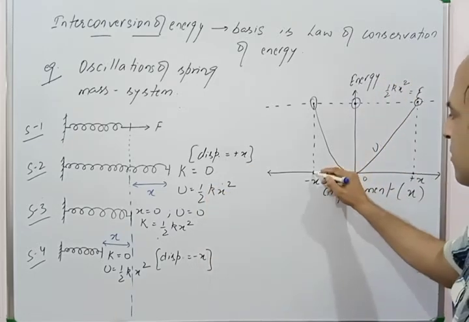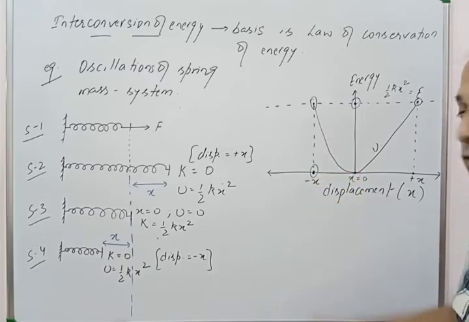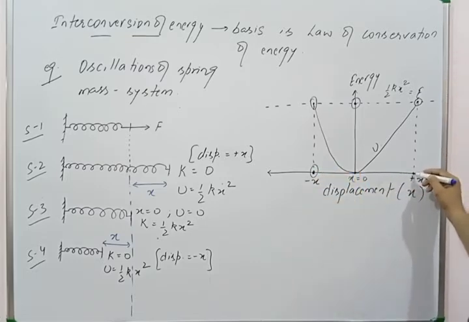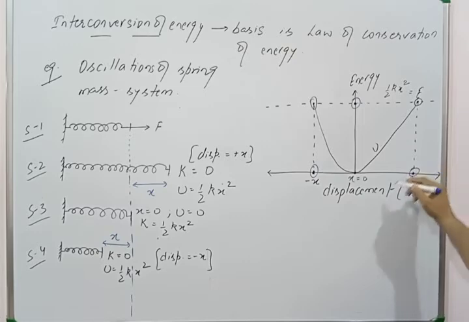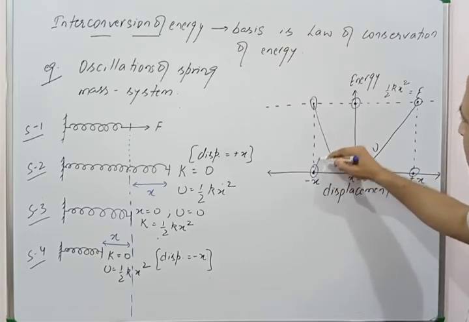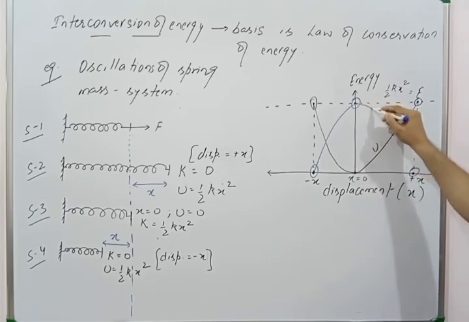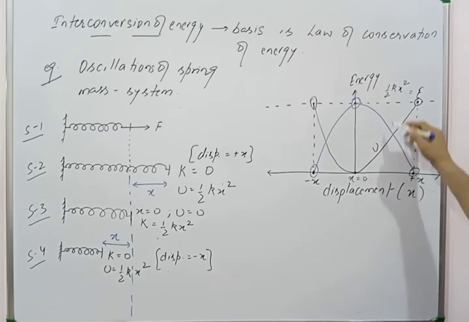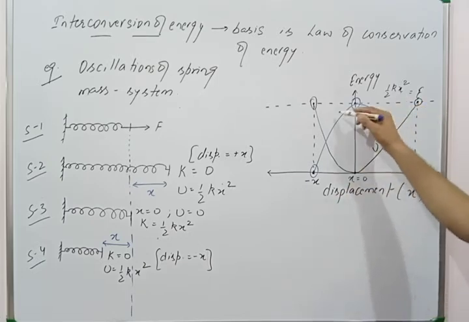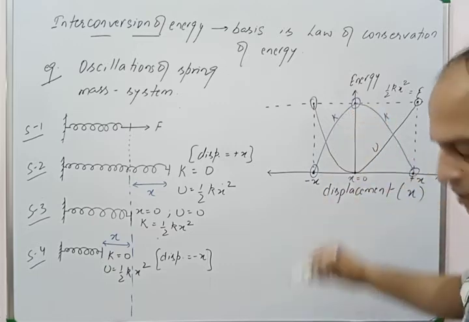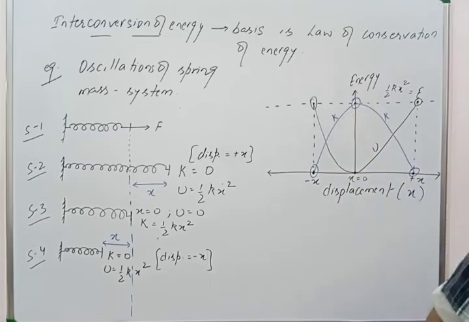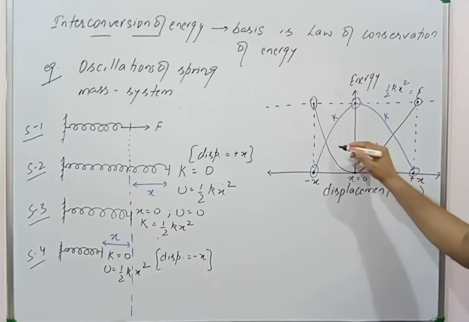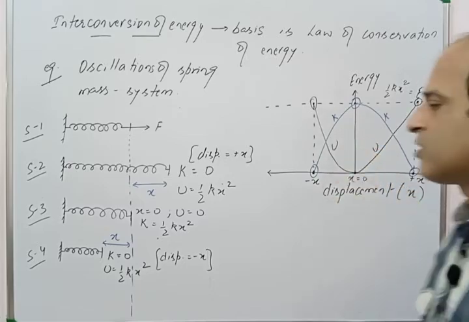So at minus x, that is the fully compressed state, or the fully elongated state, the kinetic energy is 0. So if I connect these 3 points, again it will be a parabolic relation. This will be the graph showing the trend of kinetic energy K. Okay? So the blue curve shows kinetic energy and your black curve, both are parabolic, remember that, shows the potential energy.